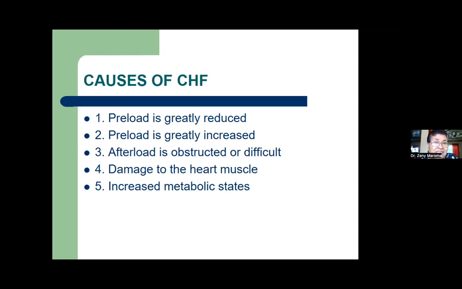Pero hindi lang RBC pati WBC, pati platelets. And that is cancer of the blood. There's abnormal proliferation of blood cells in the bone marrow. Kaya malapot talaga ang dugo. There's increase in blood viscosity. Increase in blood viscosity and increase in blood pressure. So that is increase in preload.